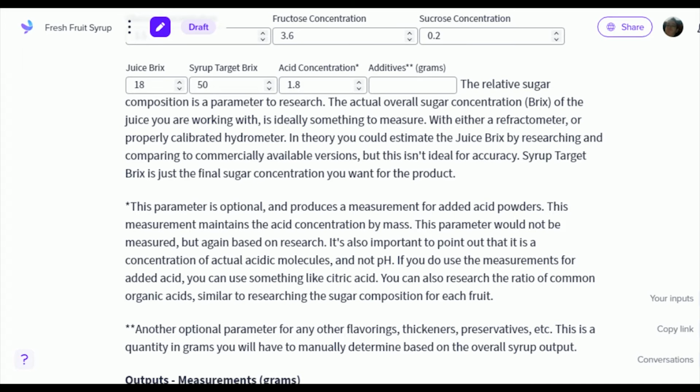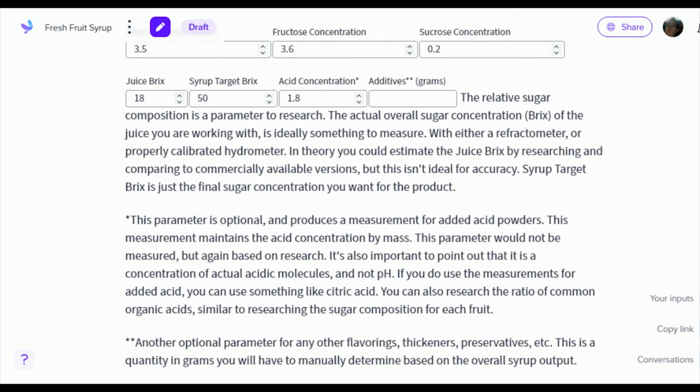So you sort of have to make all the calculations and then circle back to additives, because that could be flavorings, spices, thickeners, preservatives, and you want to more determine how much you're adding once you have your totals.